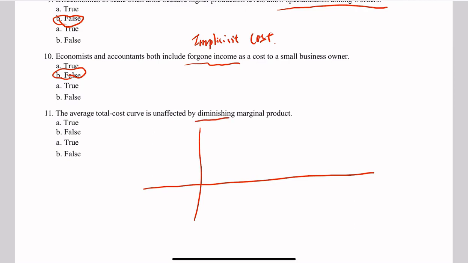So we know that diminishing marginal product, right? It will generate an increase in marginal cost, right? And we know that marginal cost will affect total cost. And total cost will definitely affect the average total cost curve. Right? So this is false.